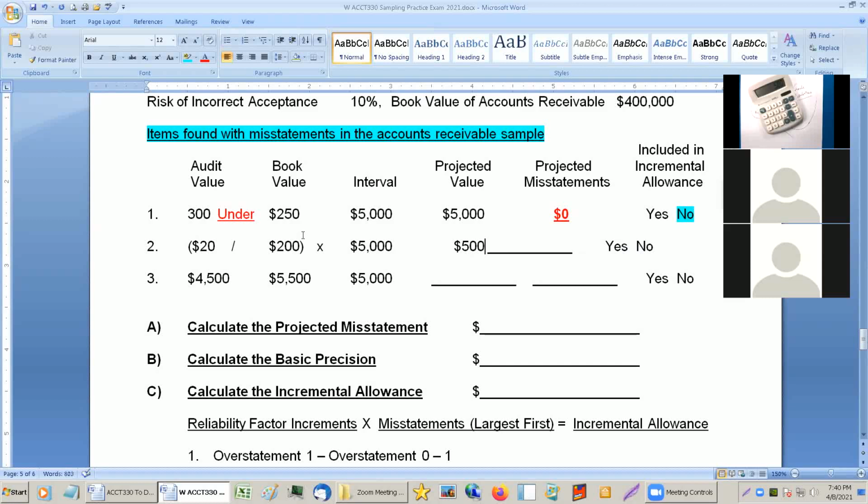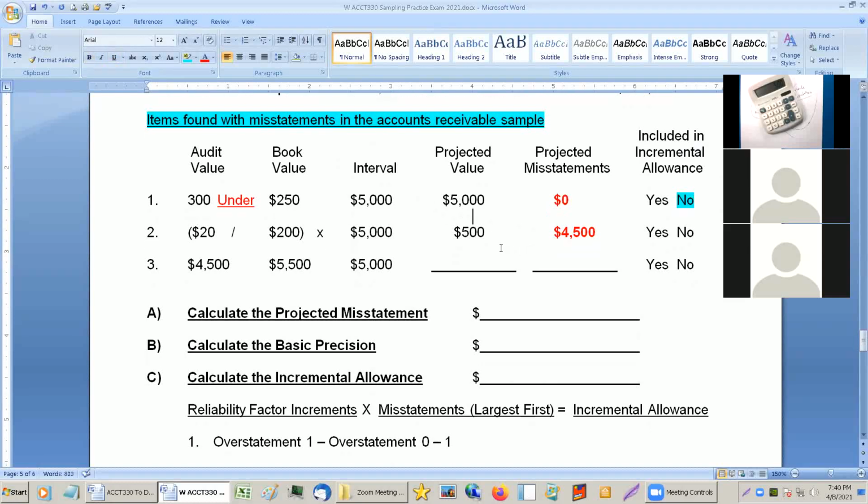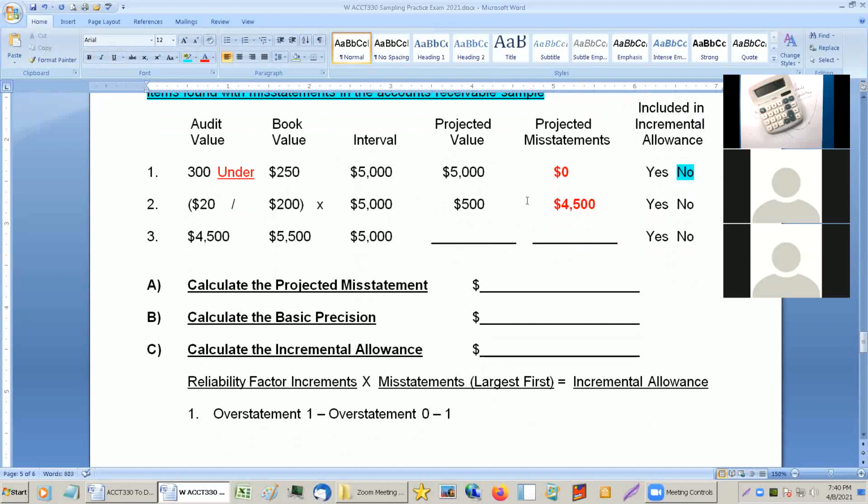And so the projected misstatement is the rest of it, 4,500. Okay, so this is off by 4,500.